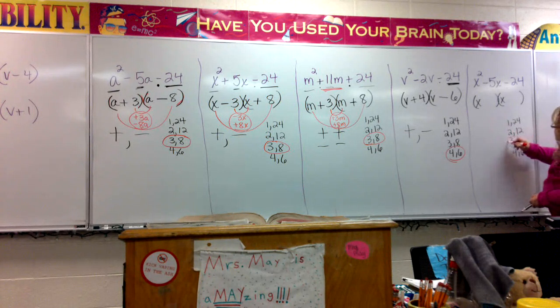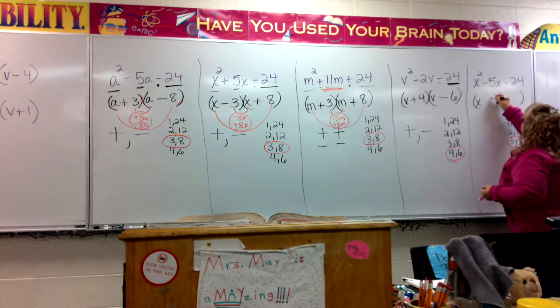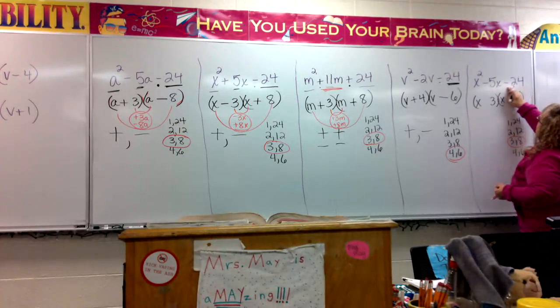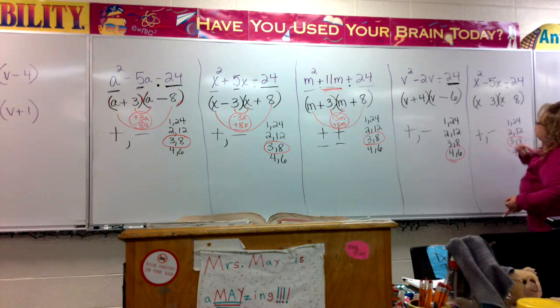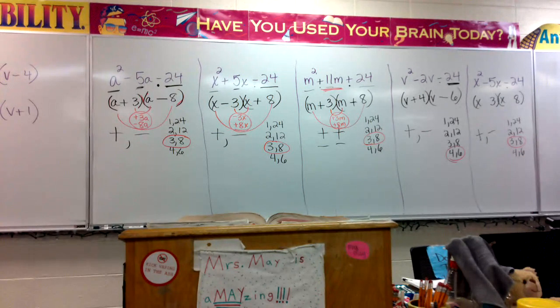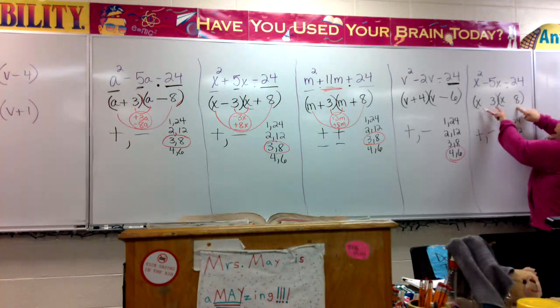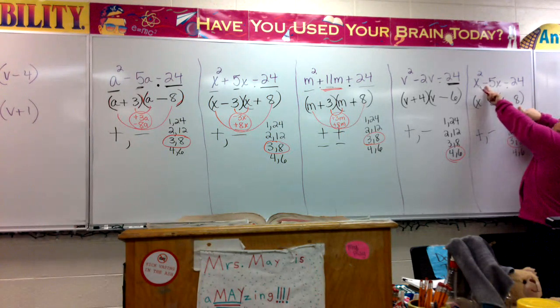Right, good. 3 and 8 again. It's a negative. How do I get a negative sign? Multiply two things, get a negative. It's got to be one of each. The bigger, which one's bigger? 8. It gets the negative.